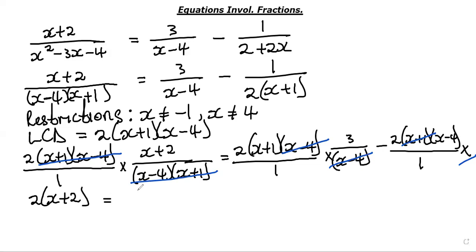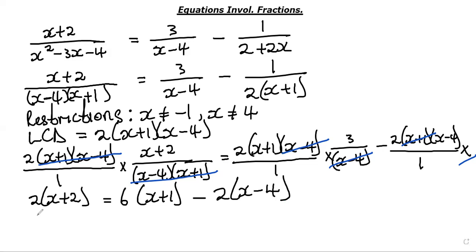And this is equal to what? 2 times 3 will just give us a 6. So you have 6 into (x plus 1). Then you say minus. After the x plus 1's cancel out, we are left with 2 into (x minus 4) for this one.